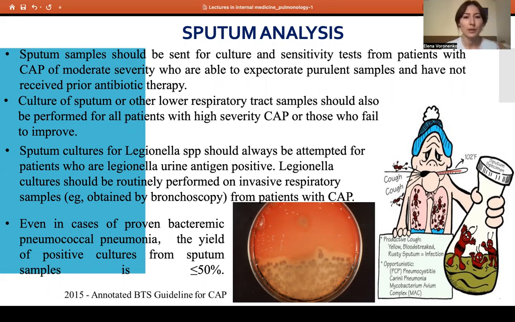Sputum cultures for Legionella should always be attempted for patients who are Legionella urine antigen positive. Legionella culture should be routinely performed on invasive respiratory samples from patients with CAP. Even in cases of proven bacteremic pneumococcal pneumonia, the yield of positive cultures from sputum samples is less than 50%.